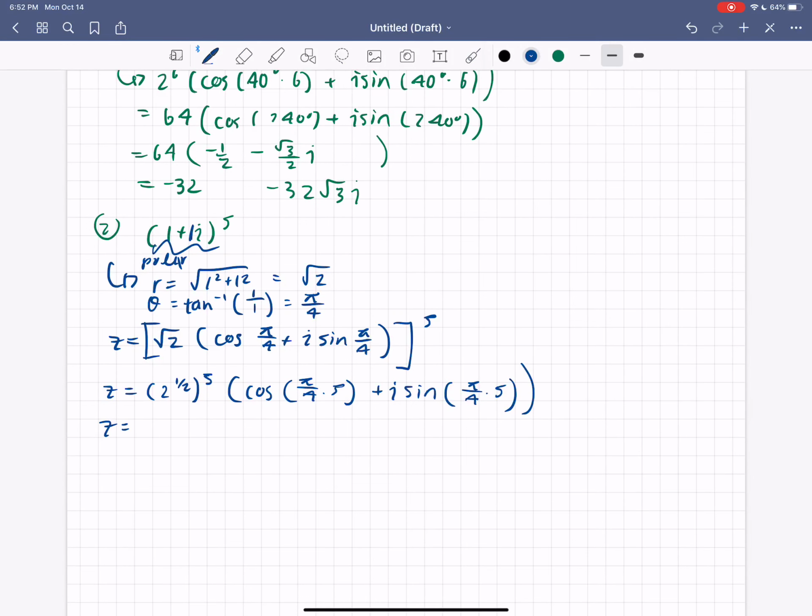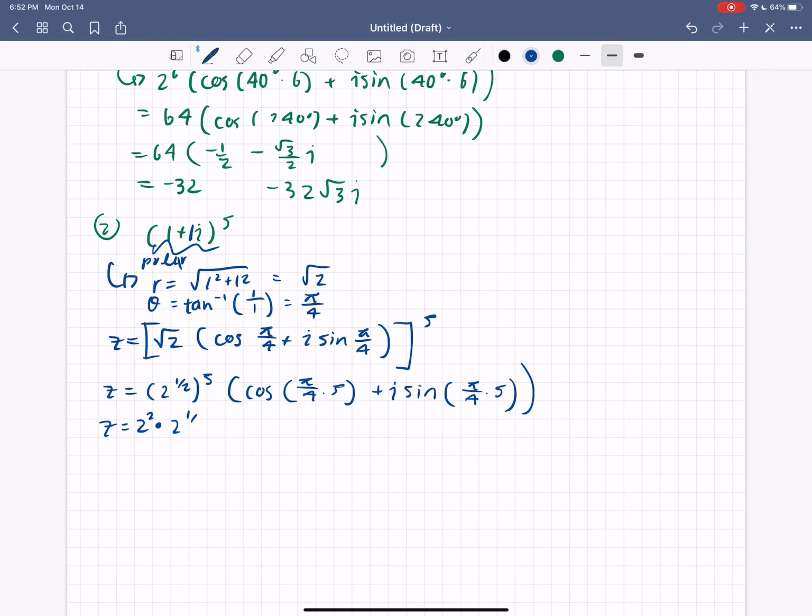So z is equal to 2 to the power 5 over 2, but we can break that up into two powers, so this will become 2 squared times 2 to the 1/2.